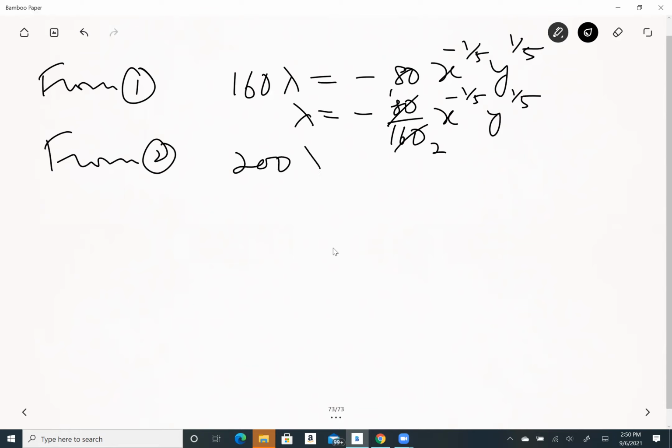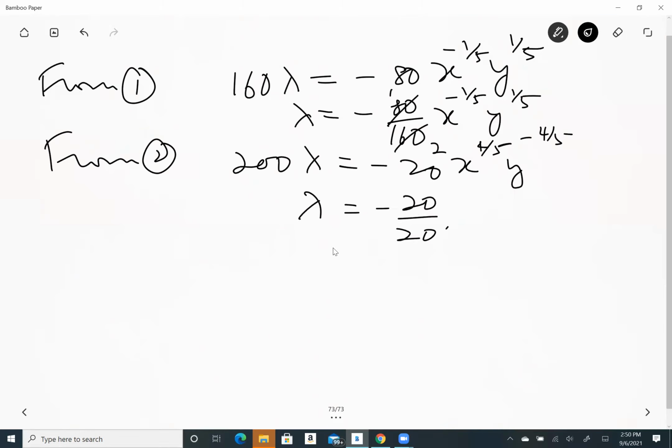we have 200 lambda is equal to negative 20 x 4 over 5, y to the power of negative 4 over 5. So lambda is equal to negative 20 over 200, x 4 over 5, y negative 4 over 5. Look at it.